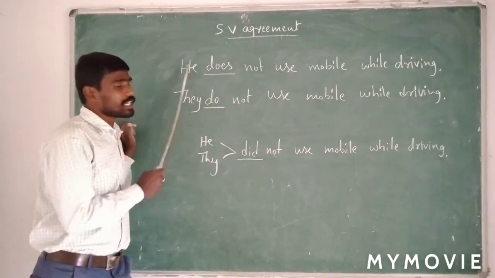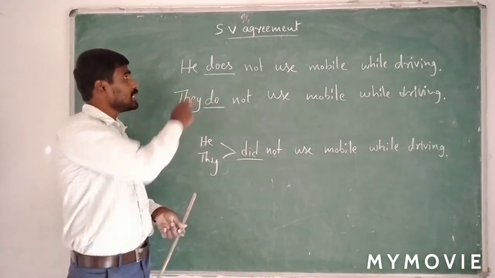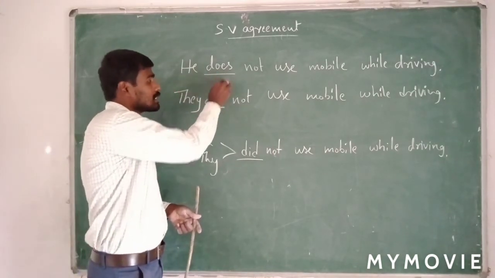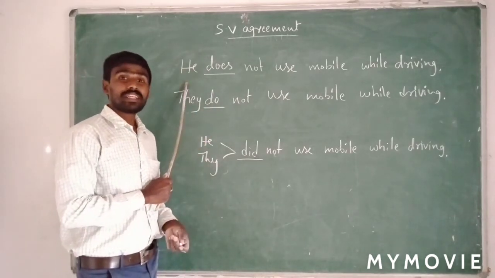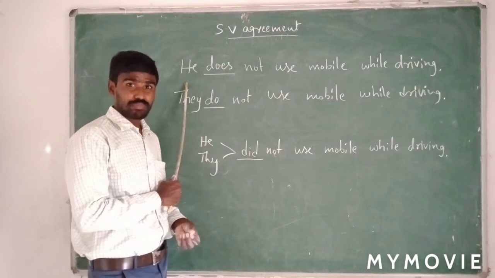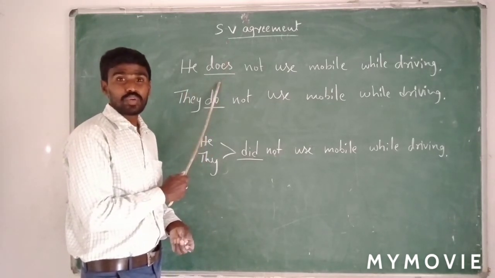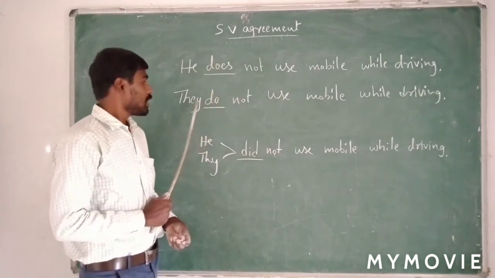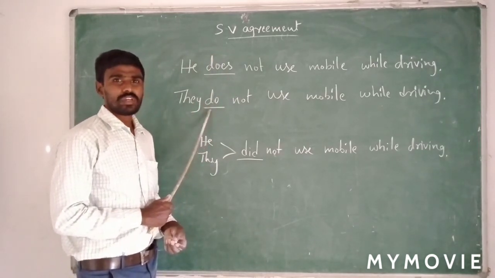So in these two sentences you may observe change. Here we have does, here we have do. So whenever there is singular subject in present tense, we use does, and whenever there is plural subject we use do.